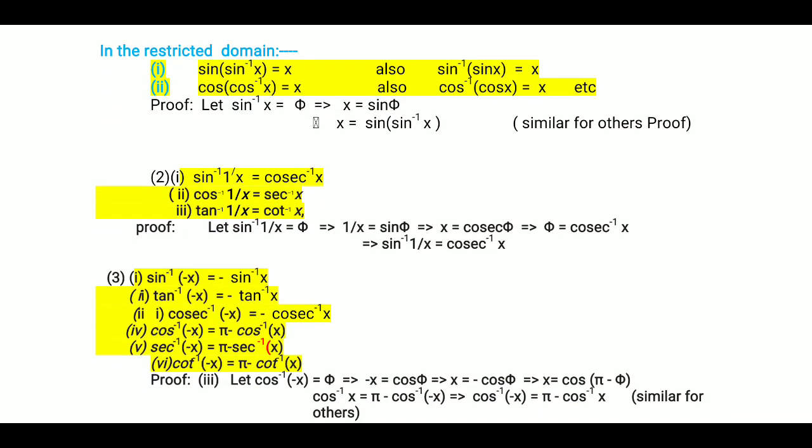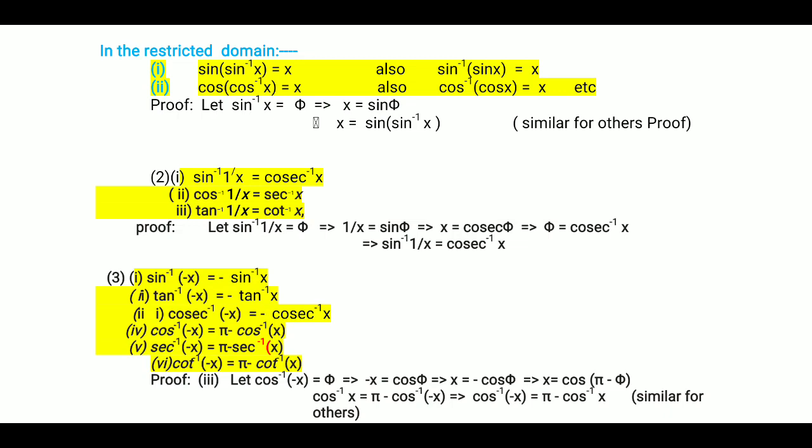Now property number 3: sin inverse (minus x) is equal to minus sin inverse x. Tan inverse (minus x) is equal to minus tan inverse x. Cosec inverse (minus x) is equal to minus cosec inverse x.